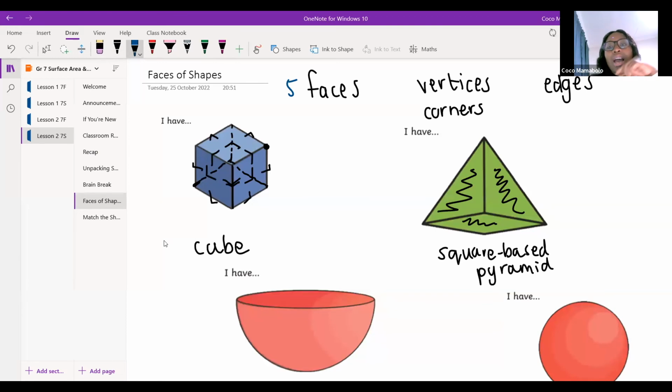Okay. How many vertices will I have, guys? Let's count corners. Remember, corners is where everything meets, so where the lines meet up. So I'm going to have 1 here, 2, 3, 4, and which one did I forget? My apex right at the very top, 5. So I have 5 vertices.